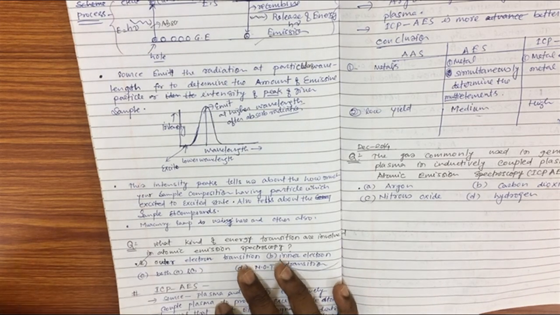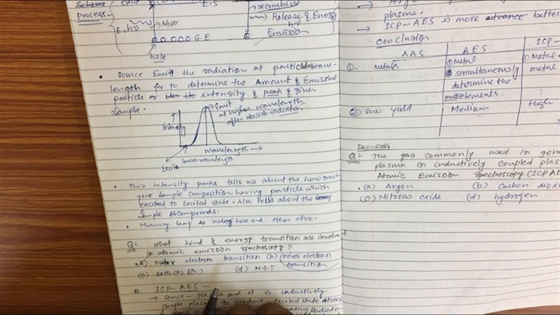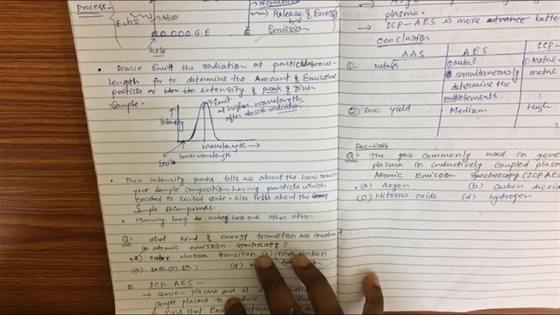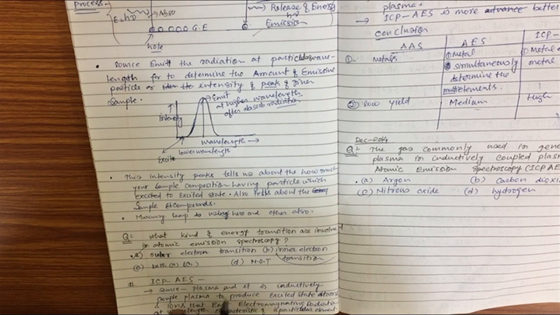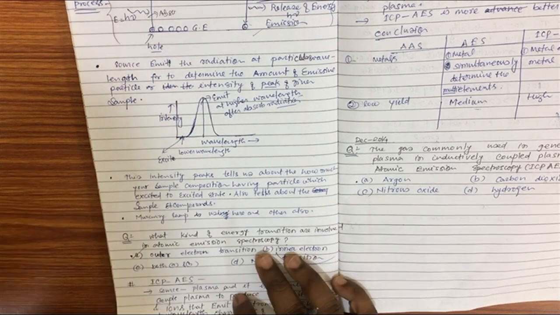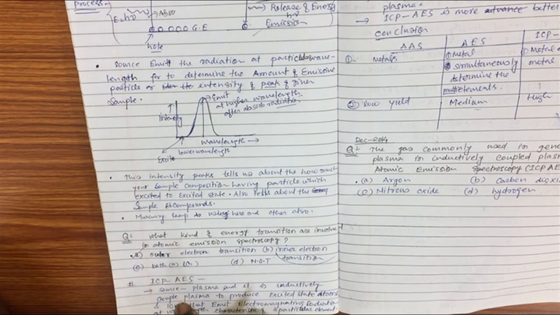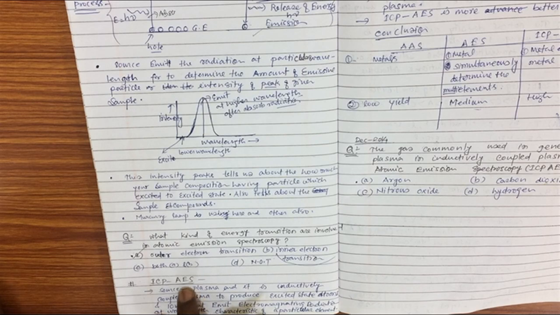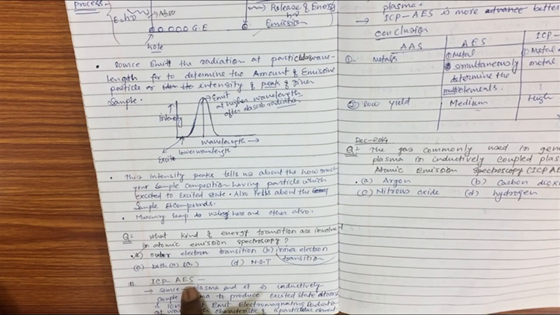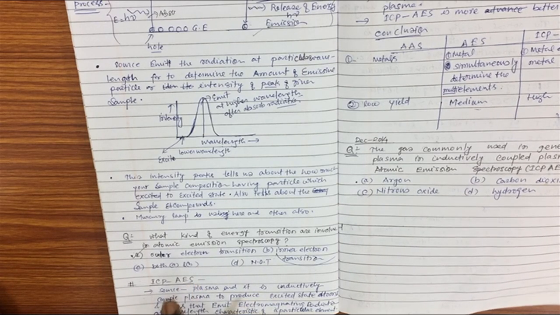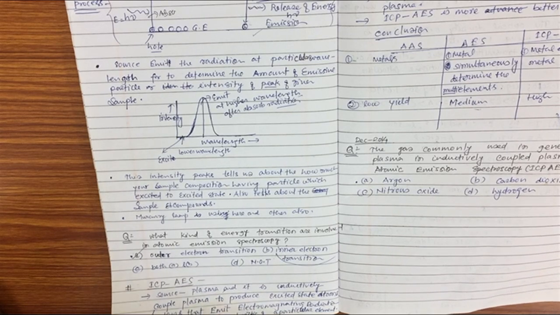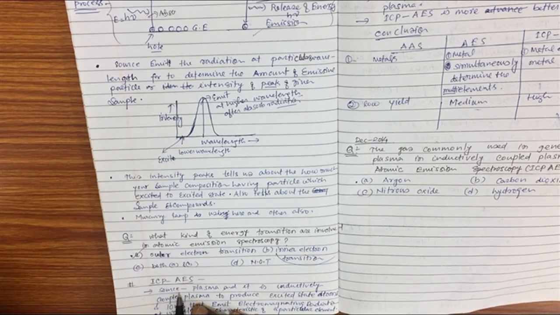Now I will give a little information about ICP atomic emission spectrum. ICP is basically the source.